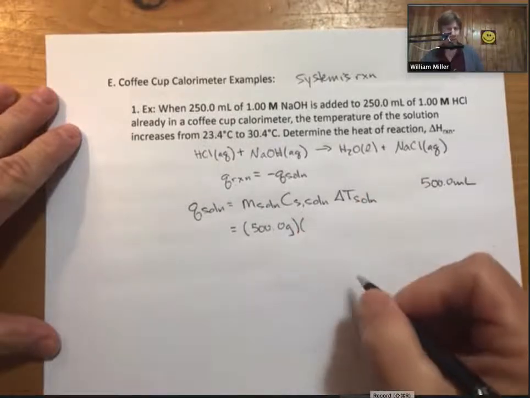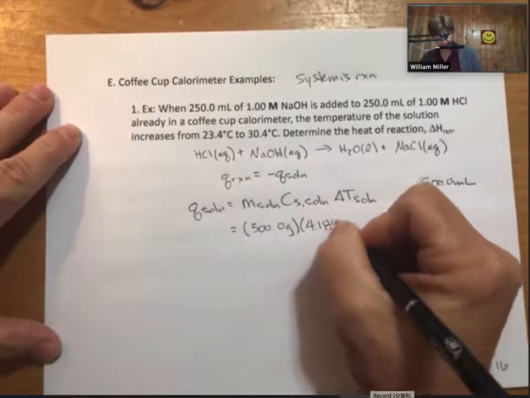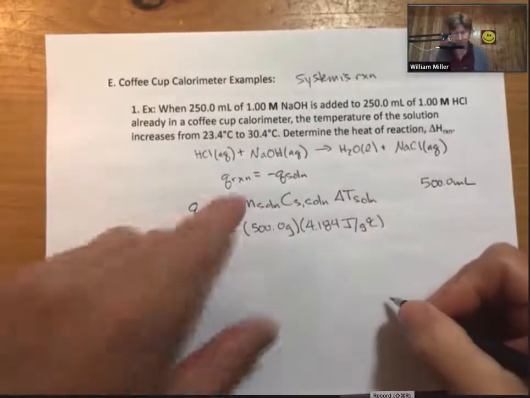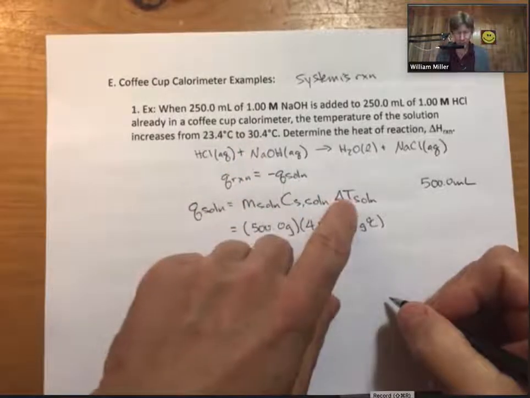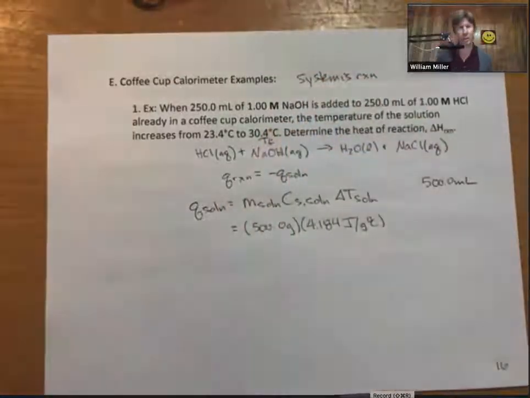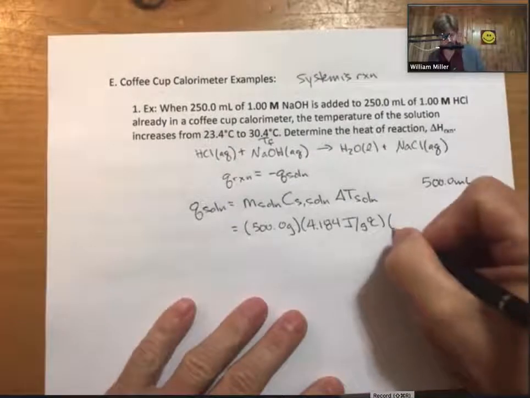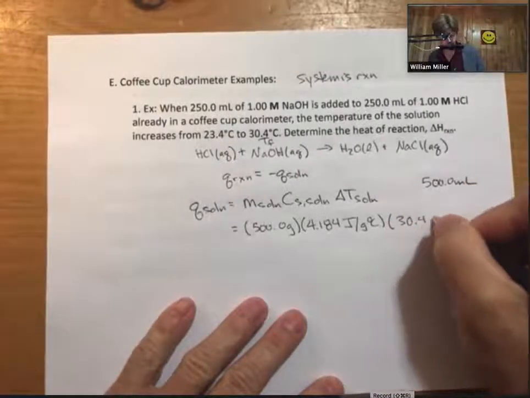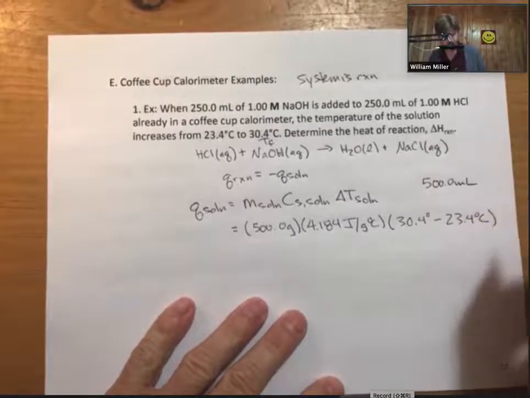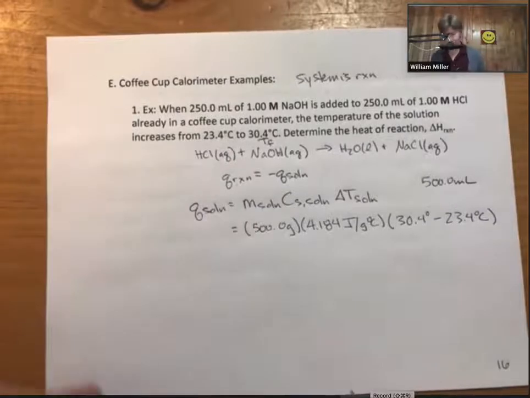Specific heat capacity of the solution, same as that of water. That is a good assumption. And important here, T final is the 30.4 degrees. T initial is 23.4. And we have all the information to find Q solution.